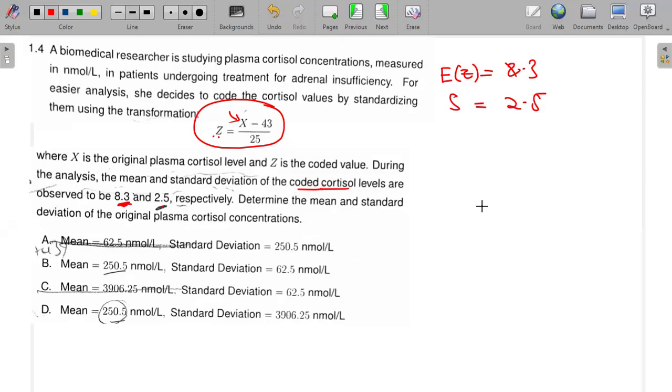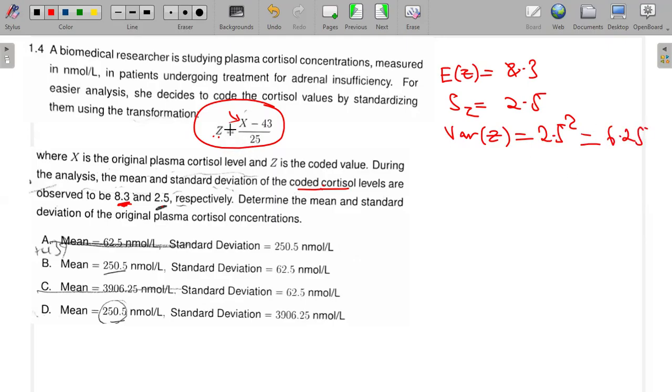From the standard deviation of Z, I can find the variance of Z. The variance of Z will just be the square of the standard deviation, so 2.5 squared gives 6.25.